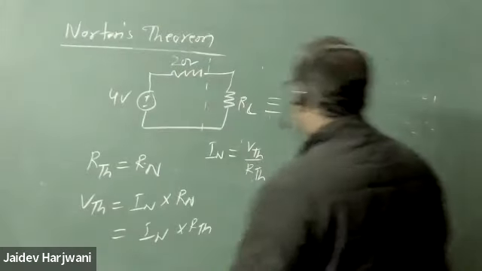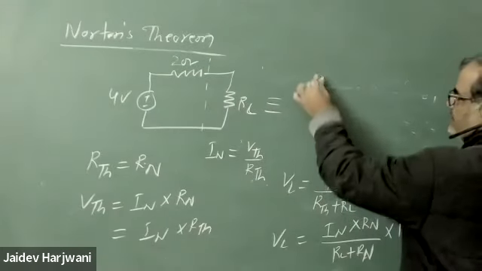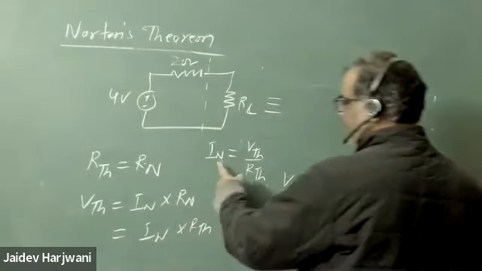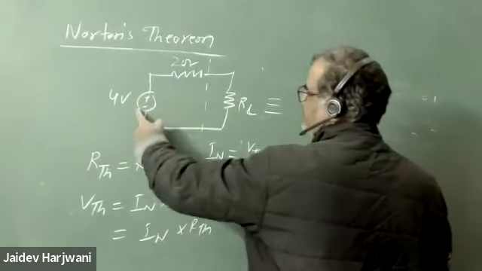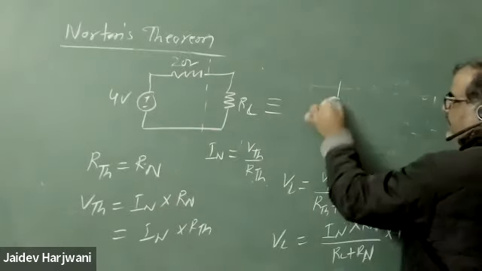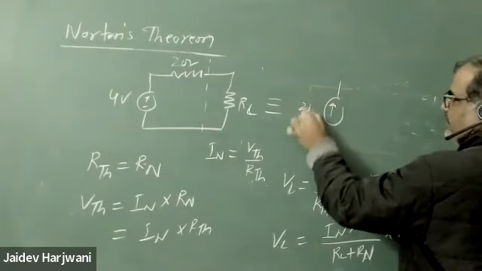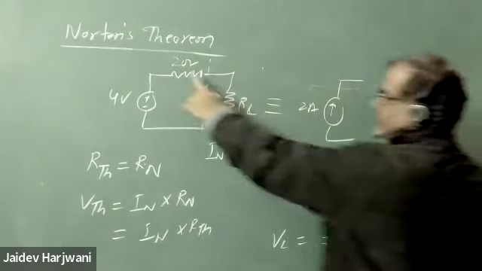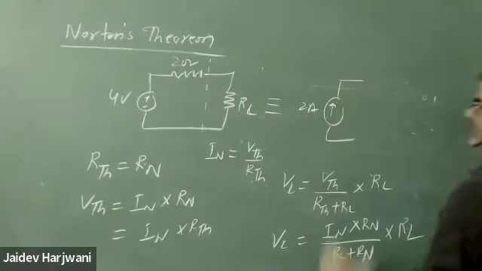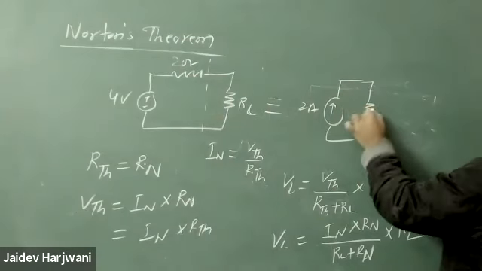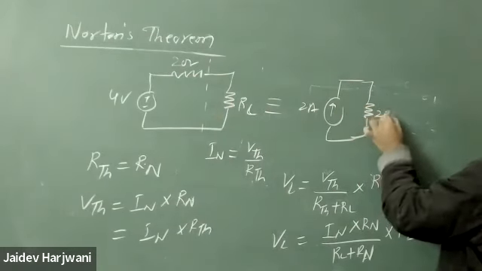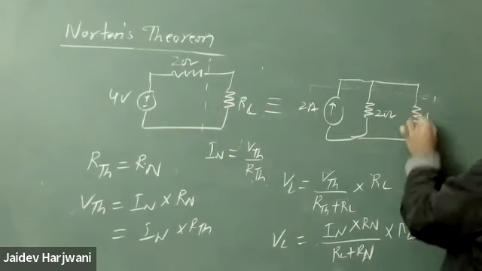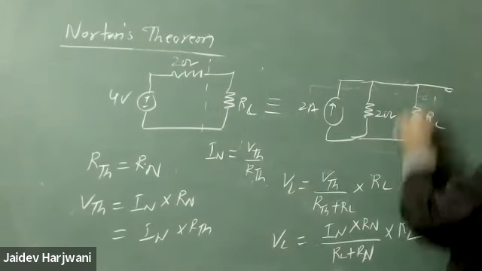I can replace this circuit by a Norton equivalent. I want IN, which is simply V Thevenin upon R Thevenin, so 4 upon 2. I can make this a 2 ampere source, and RN and R Thevenin are the same, so I put 2 ohm here, and the resistance is RL. So these two circuits are equivalent.